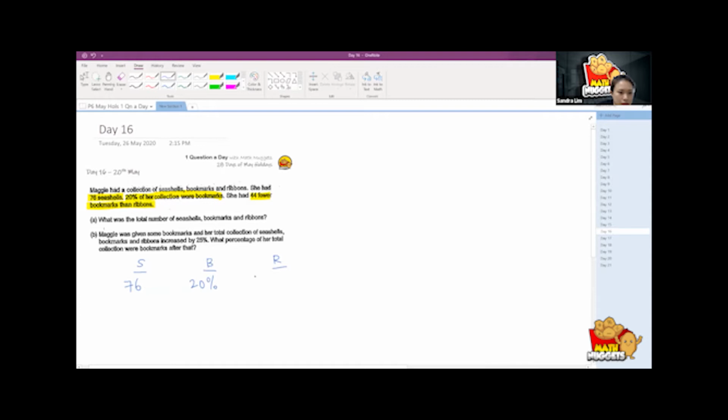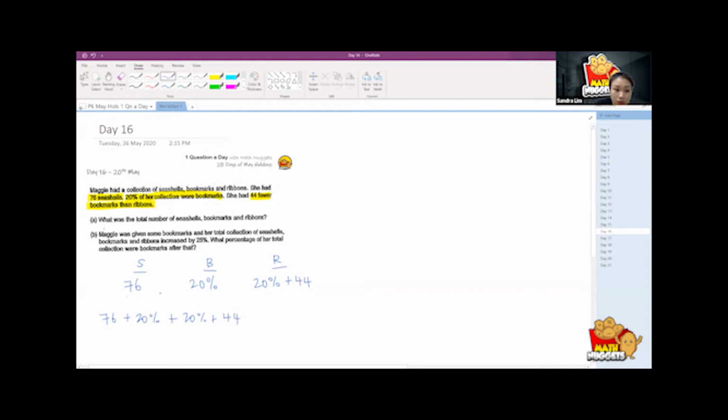So that would be 20%. Means if she had 44 fewer bookmarks than ribbons, means the ribbons she would have 44 more, isn't it? So I'm just going to write plus 44. Okay? So then we know that everything is 100%, right? So meaning 76 plus 20% plus 20% plus 44.